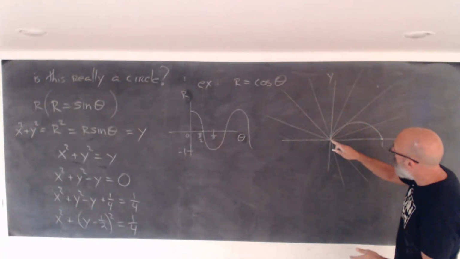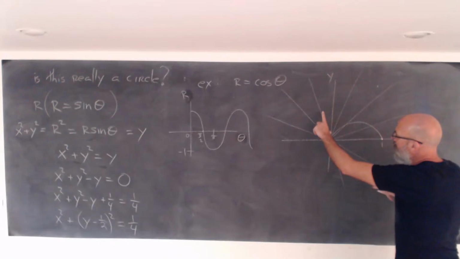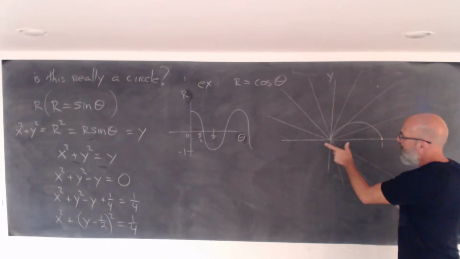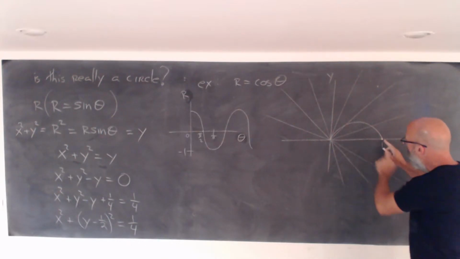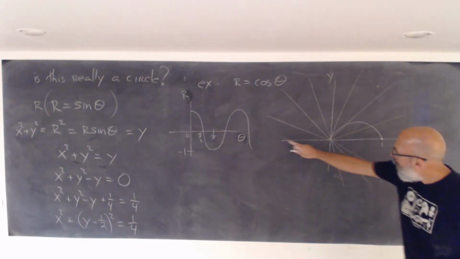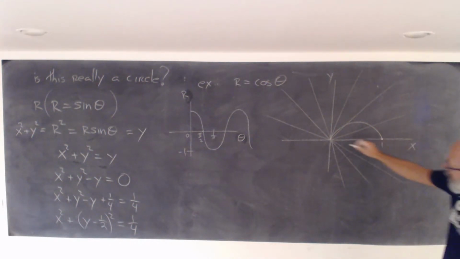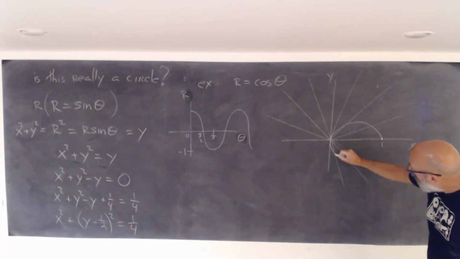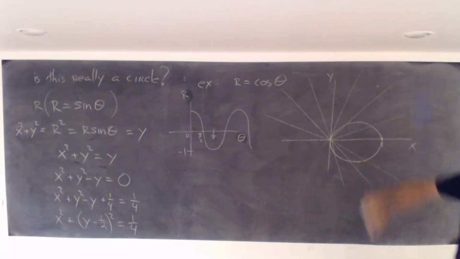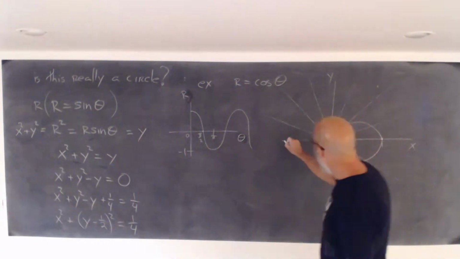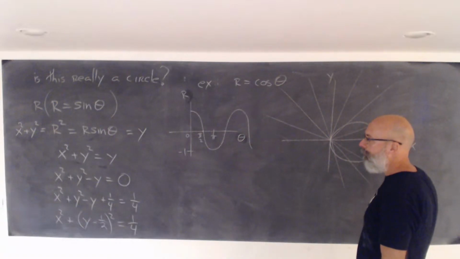So you're going to start at 0, and the distance is going to increase all the way to -1 at pi, which is going to overlap with this. Right? So at pi, you're at -1.